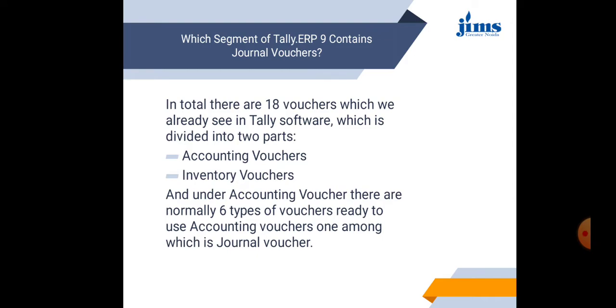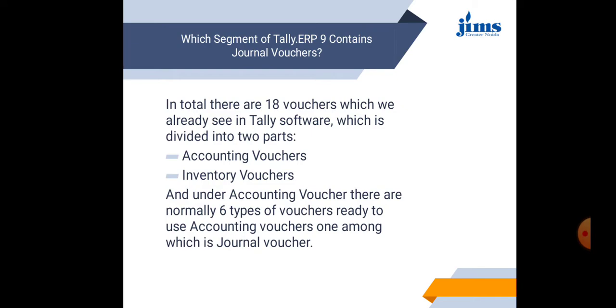Then, which segment of Tally ERP9 contains journal vouchers? In total, there are 18 vouchers, which we already see in our Tally software, divided into two parts: accounting vouchers and inventory vouchers.